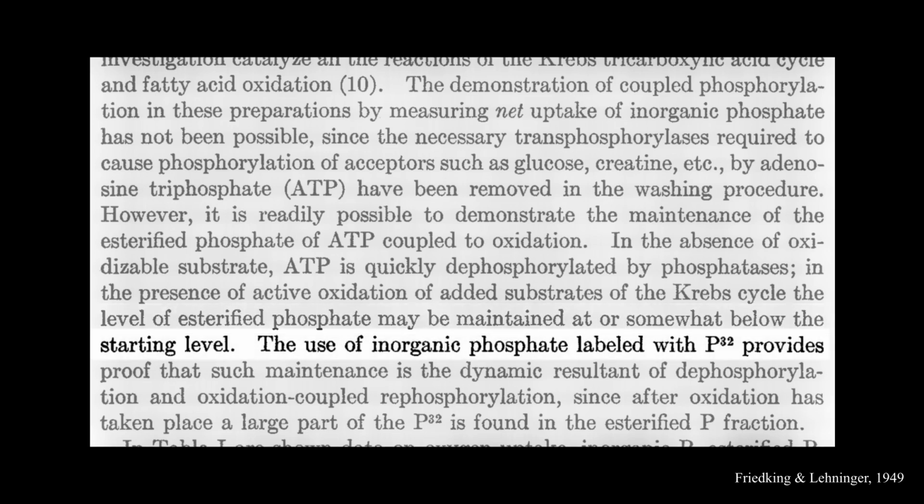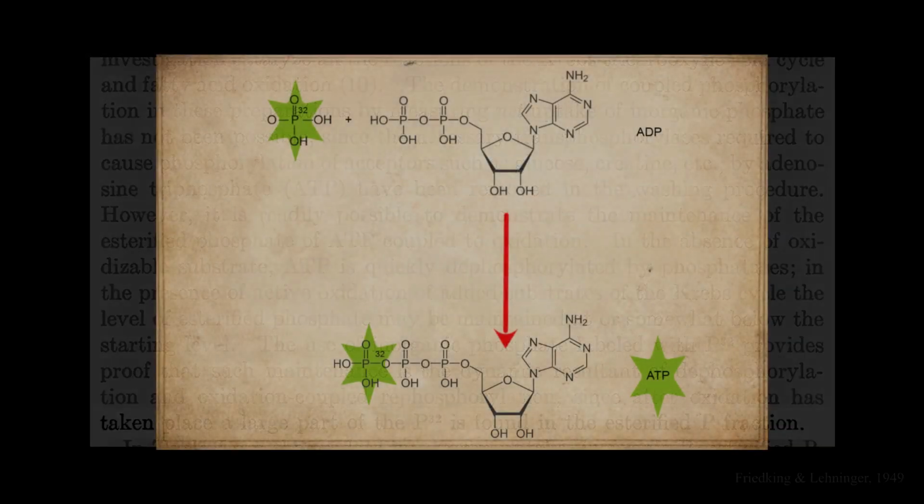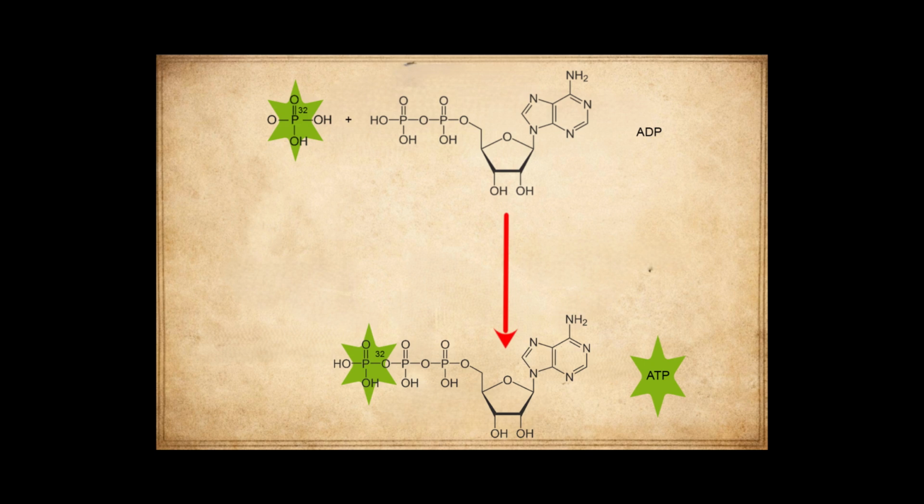The use of inorganic phosphate labeled with P32 provides proof that such maintenance is a dynamic resultant of dephosphorylation and oxidation-coupled rephosphorylation, since after oxidation has taken place, a large part of the P32 is found in the esterified phosphate fraction. And so P32 is a radioactive phosphorus, and molecules that incorporate it can be detected and distinguished from those that are not radioactive using a Geiger counter.